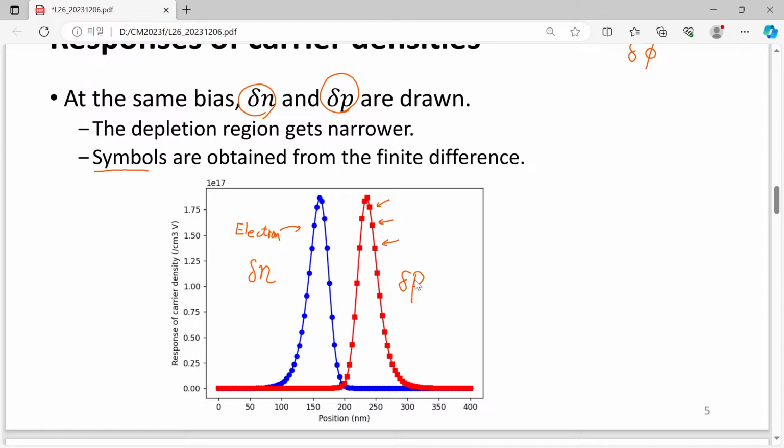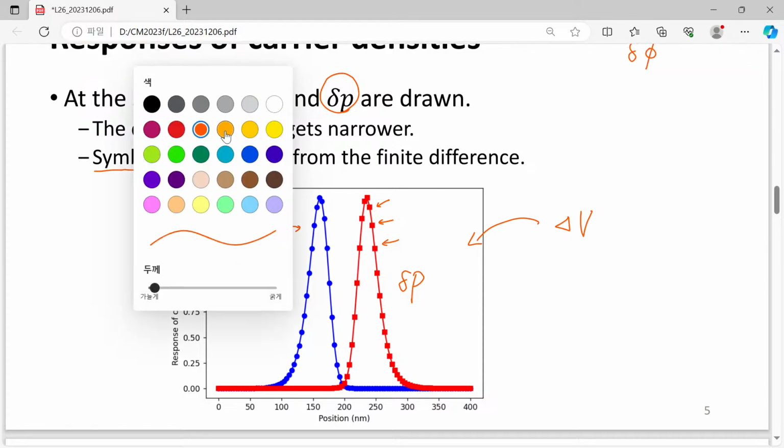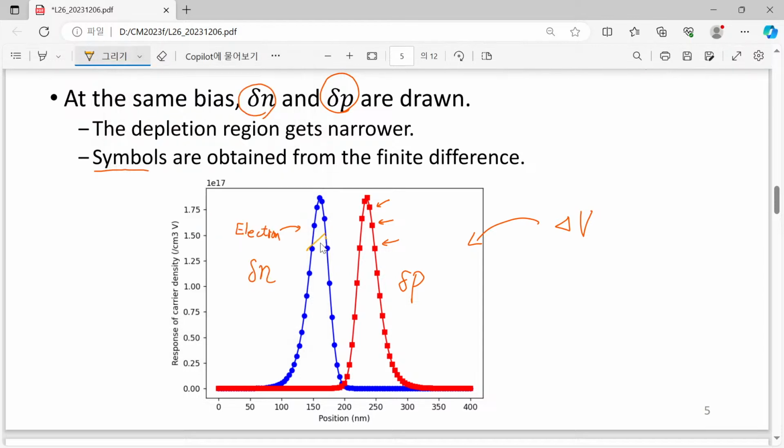What it means is when you apply the additional positive bias to your anode, then you just collect certain electrons nearby the depletion layer. Also, at the same time, you collect the similar amount of positive charge holes in your depletion layer.